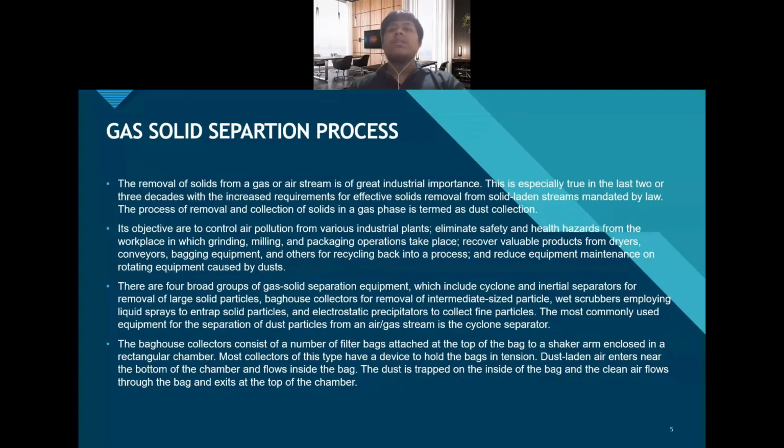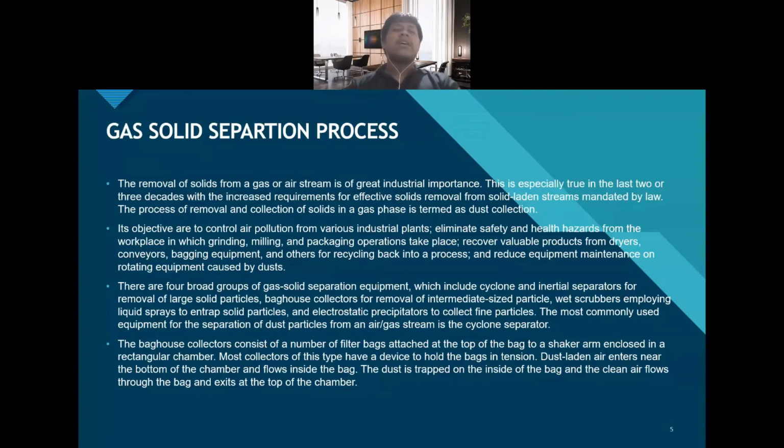The commonly used equipment in industry for the separation of dust particles from air or gas streams is the cyclone separator. This is the one most often used by industry now.